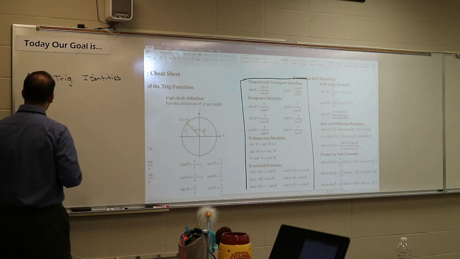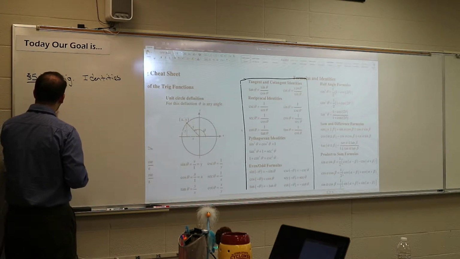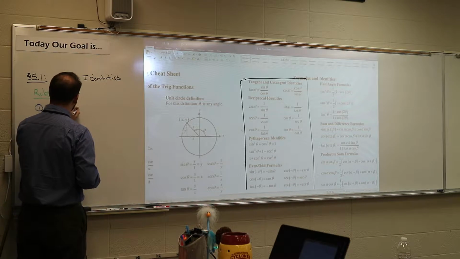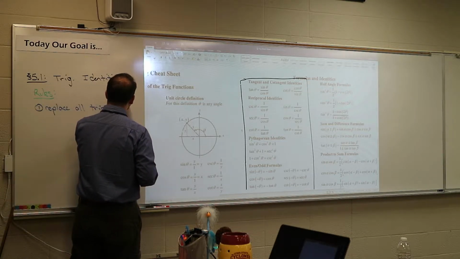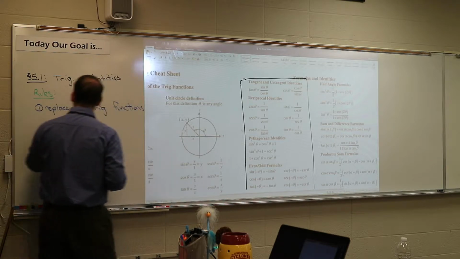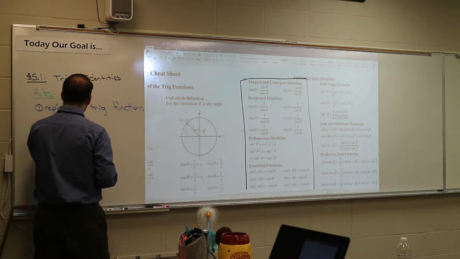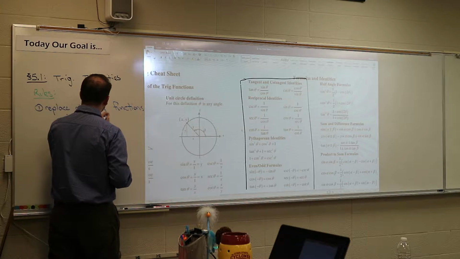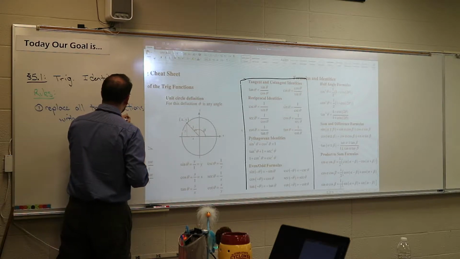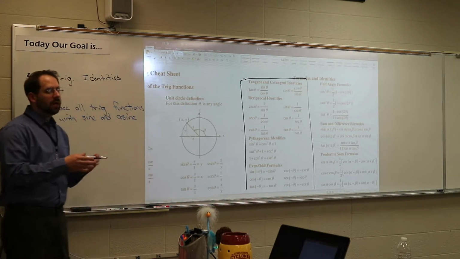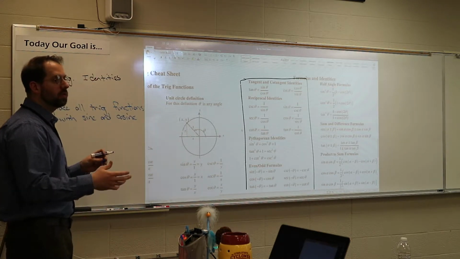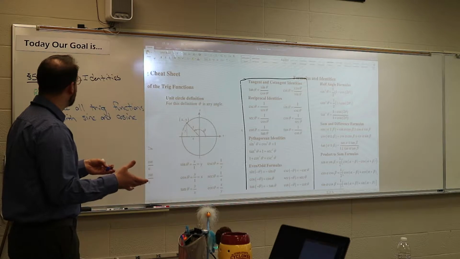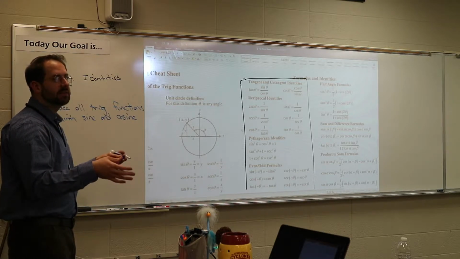Number one, you want to replace all trig functions with sine and cosine. In a very complicated problem, if you have tangents and cotangents and secants and cosecants, one of the rules you might want to explore is to replace everything with sines and cosines.